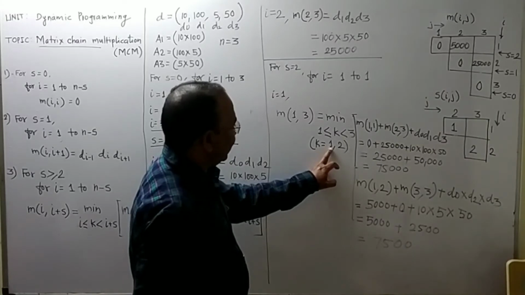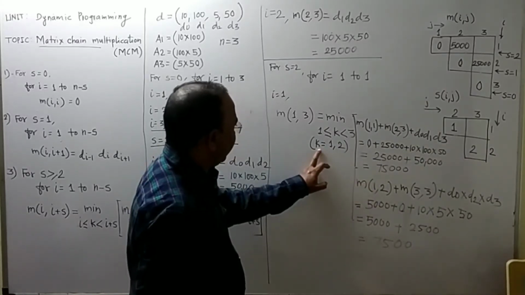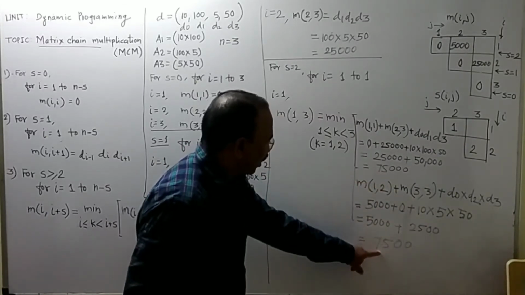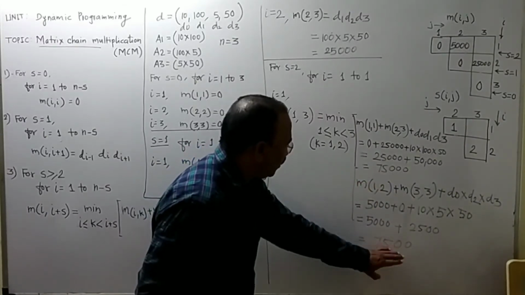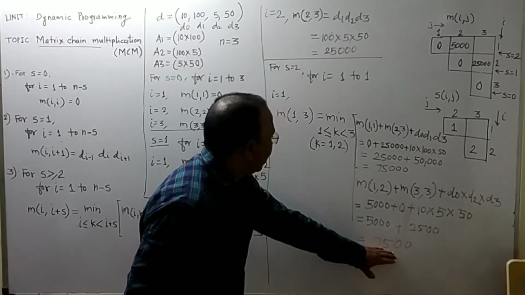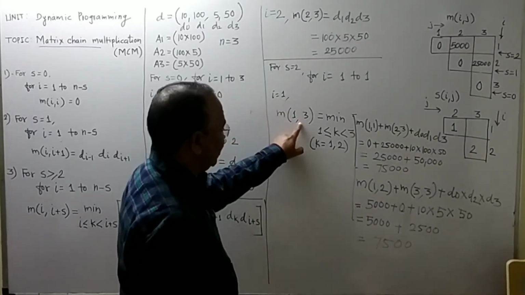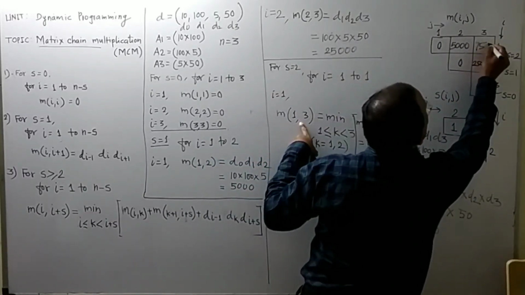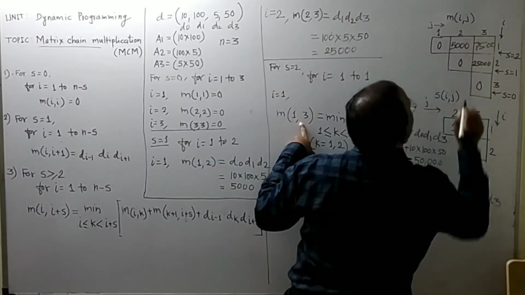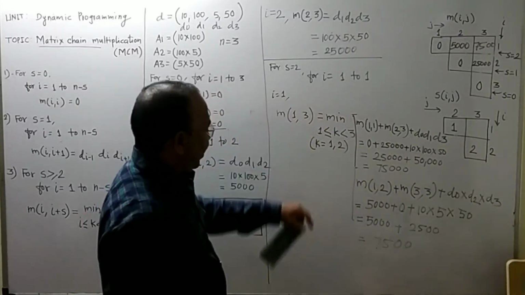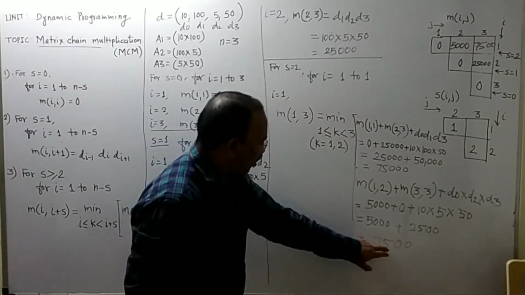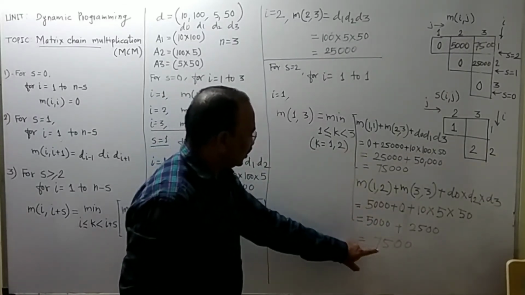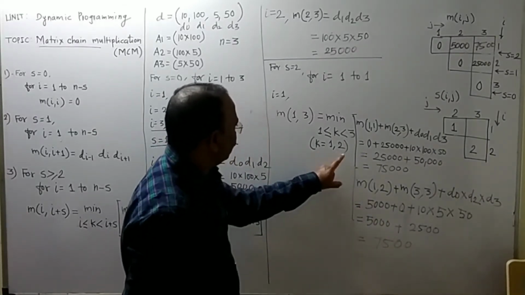For k is equal to 1, it is 75,000. For k is equal to 2, it is 7500. Out of these two values, 7500 is the minimum value. Take this value for M of 1 3 and put it in the M table, that is 7500, which we got for k is equal to 2.